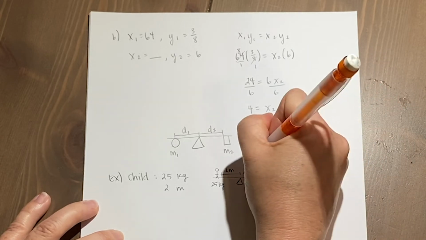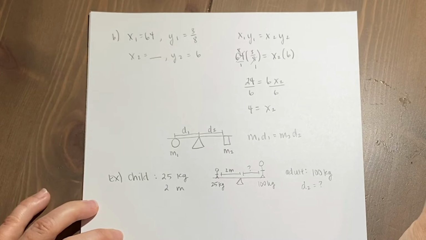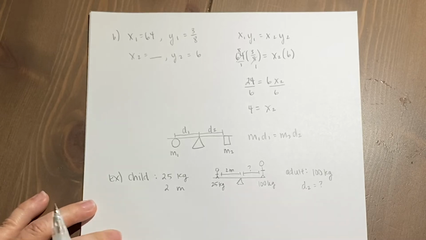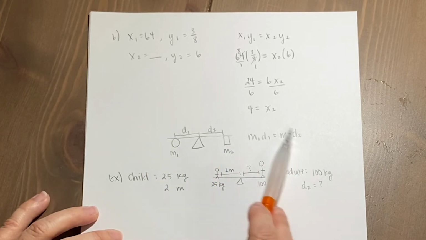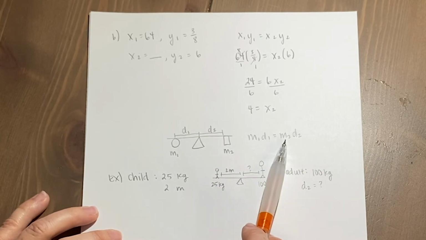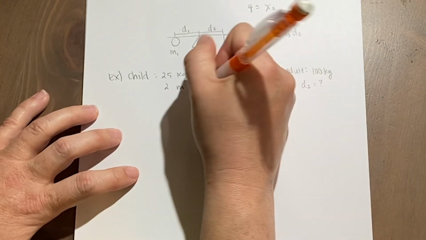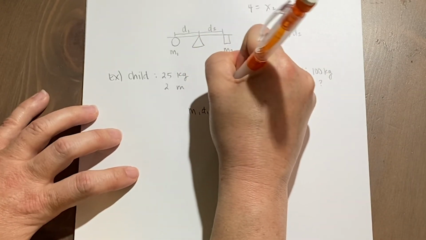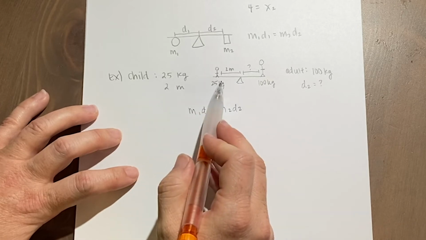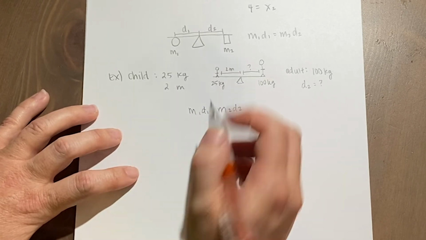We want to know how far away should they sit. Please don't stand on seesaws, you guys. But, you know, this is how I draw. So we need to figure this out. According to this law of the lever, we've got mass 1 times distance 1 equals mass 2 times distance 2. So we're going to use our child for our first numbers. So we've got 25 times 2.